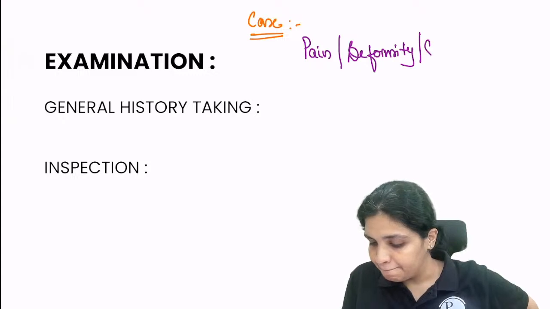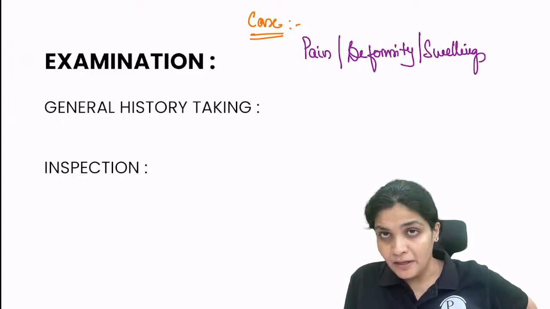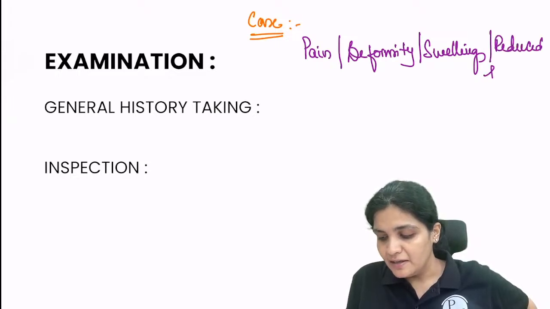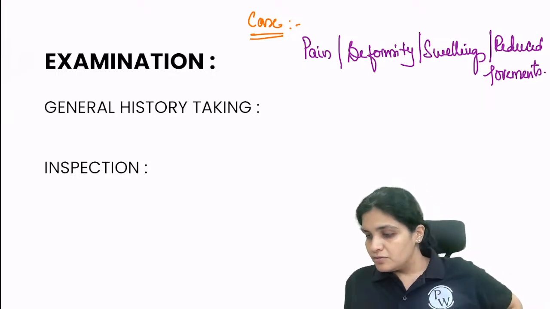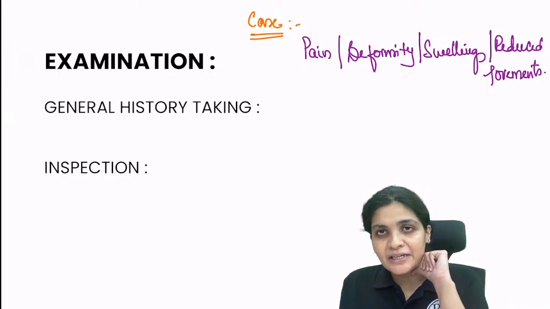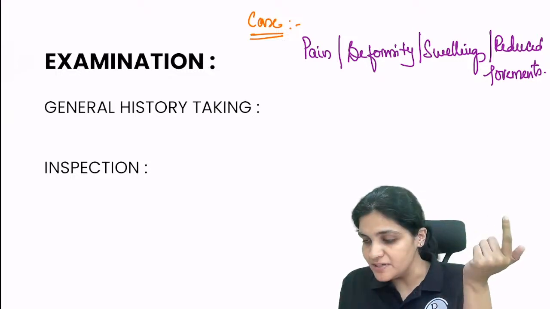It could be a swelling, or just reduced movements. What is the important deformity we see in a malunited Colles fracture? What is the deformity called?